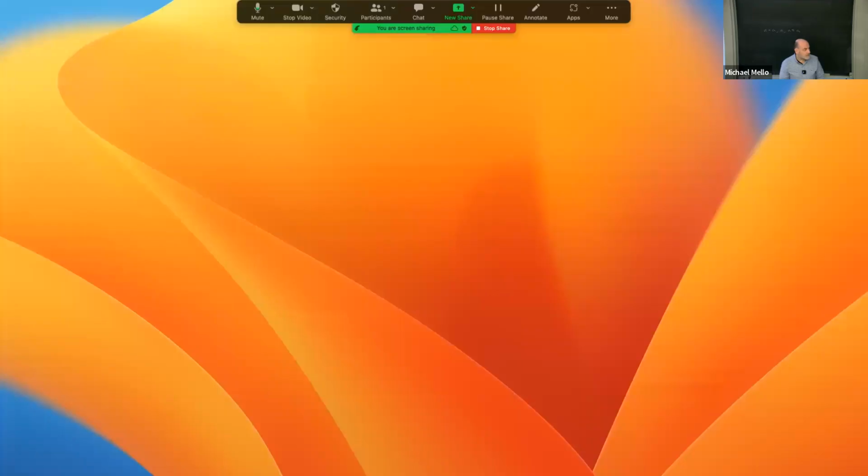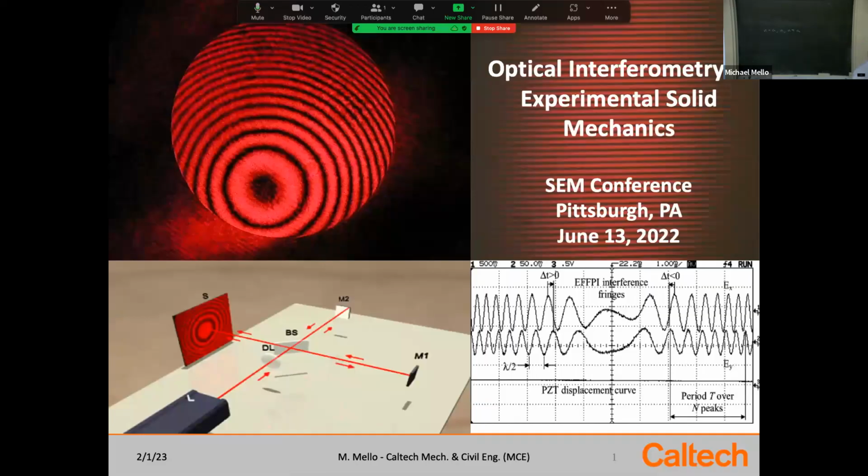This is a new diagnostic that we'll talk about. It's not new, but it's new for this course. This is from a conference where I was asked to give a talk on this metrology last year, but it's perfectly geared for this class, because the session was an educational session for practicing engineers.